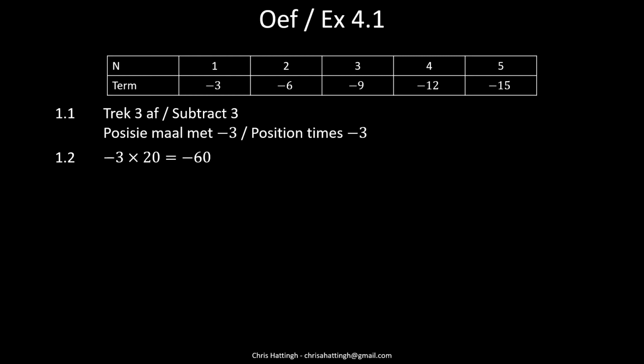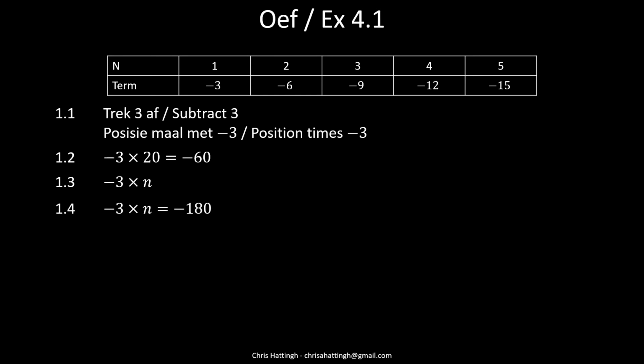So you're going to take the minus 3 and you're going to multiply it by 20. The constant difference times 20 gives you minus 60. Number 3. Complete the sentence. The nth term in the sequence is minus 3 times n. Number 4.